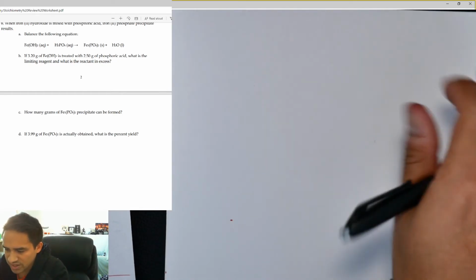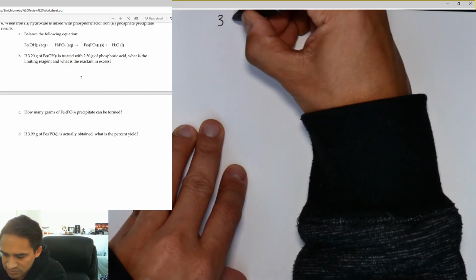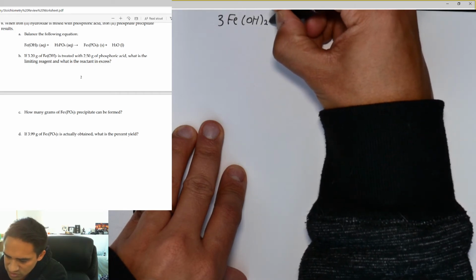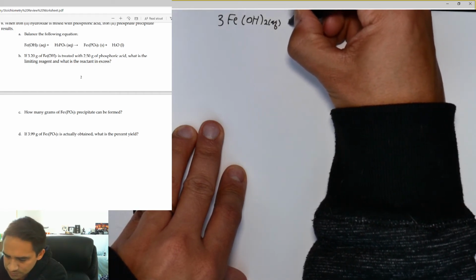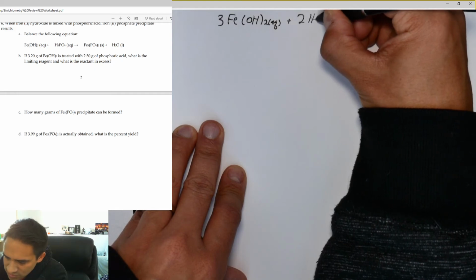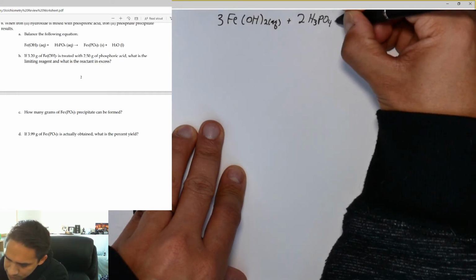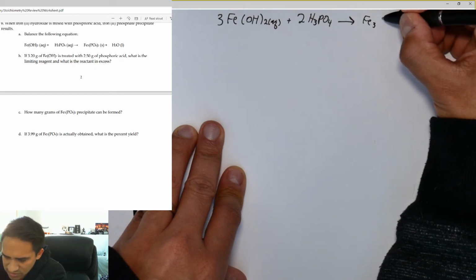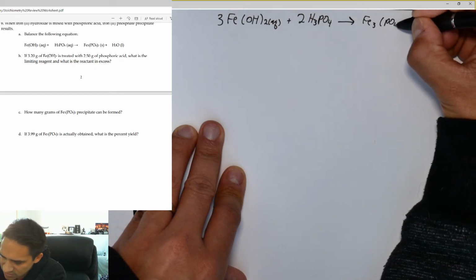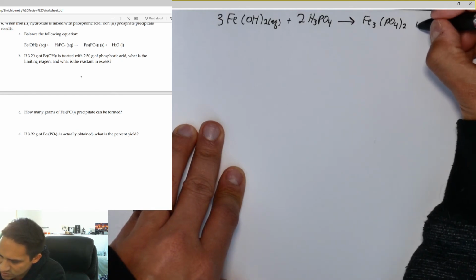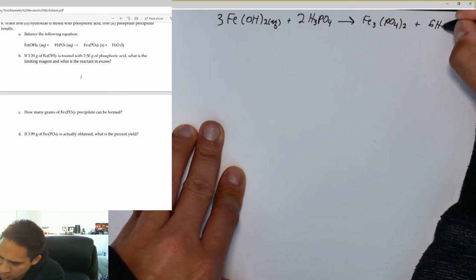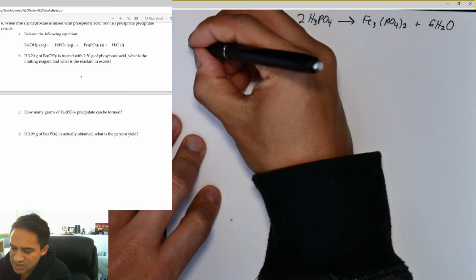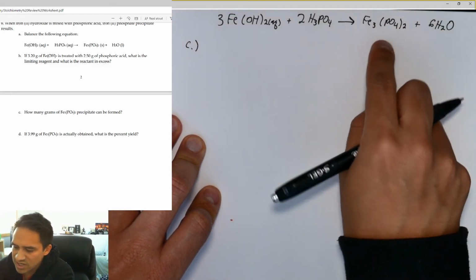We're going to rewrite our reaction here real quick too, so we still have it on our paper, even though it's on the worksheet, but it's not balanced. So 2H3PO4. I'm going to forget the whole aqueous stuff because it doesn't have any effect on our calculations, and just to save some time. So 6H2O. Okay, so here's our reaction. Again, for part C, they want us to calculate how much of this can we make.